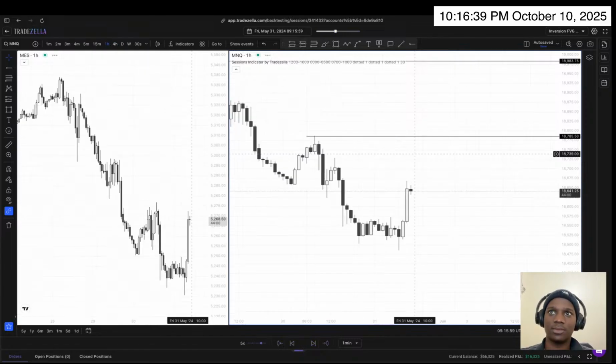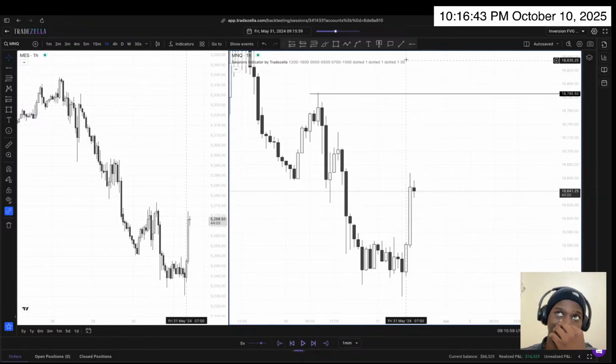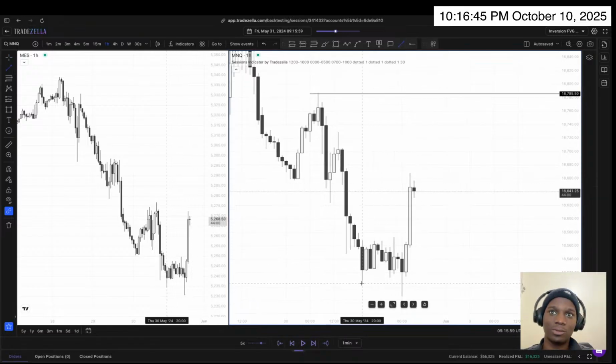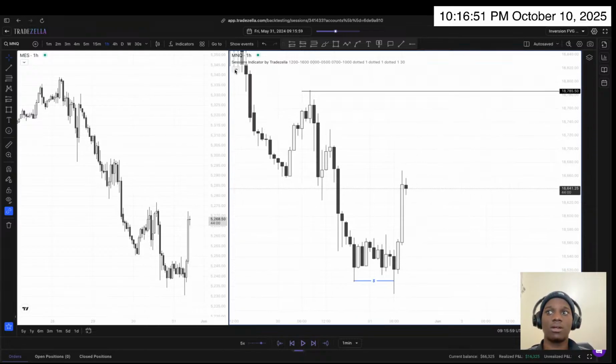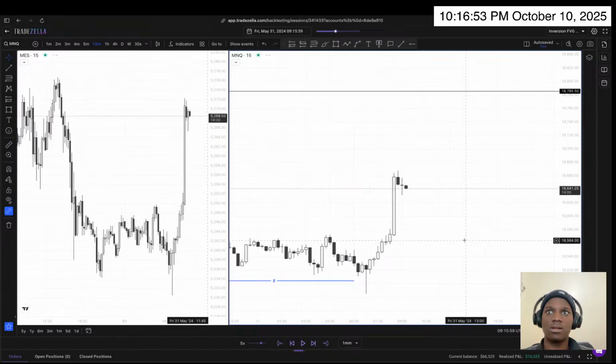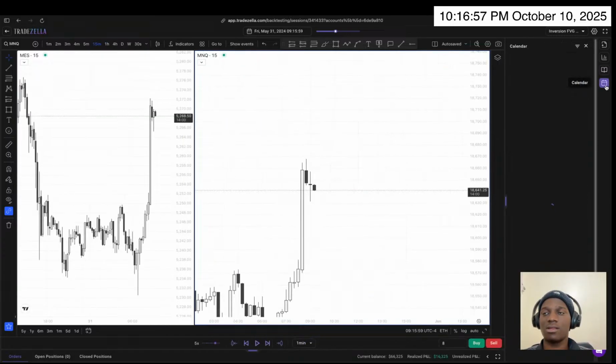Now 1 hour, we had a good liquidity run. Just two consecutive liquidity runs. So it's a sweep, right? 15, I think we had some use up last time.